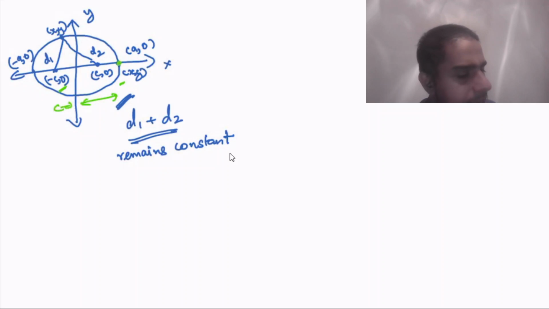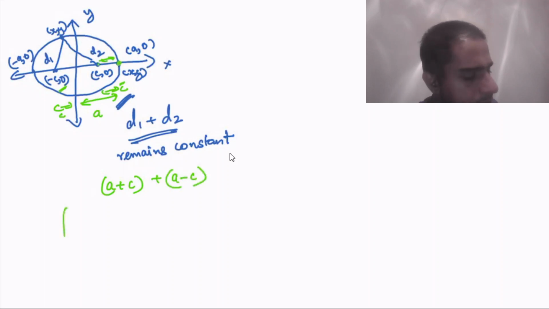We know this length is a, and this length is c, so a plus c, and this length is also c, so this length is a minus c, right? I will redraw the ellipse in this case for clarity.